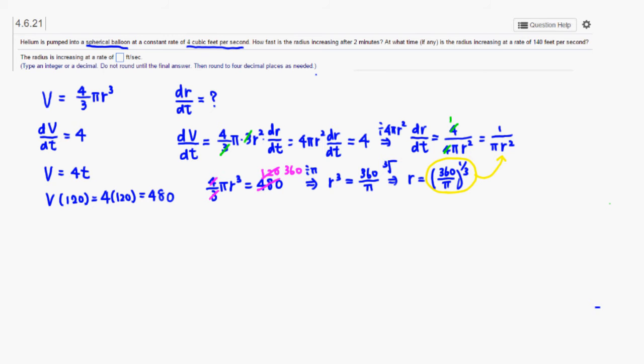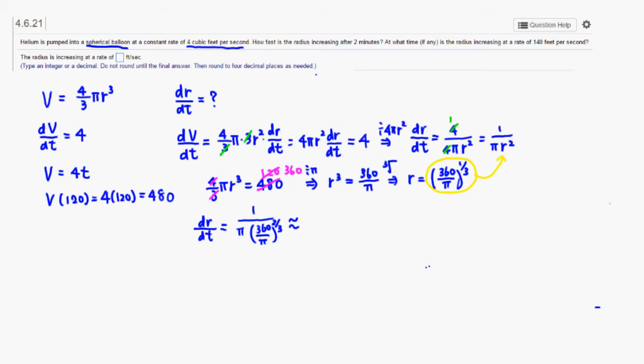So we're going to plug this in to get the value. dr over dt is equal to 1 over pi times 360 over pi raised to the 1/3 power squared, so it's the 2/3 power. Then we want to round this to 4 decimal places, so let's compute that.